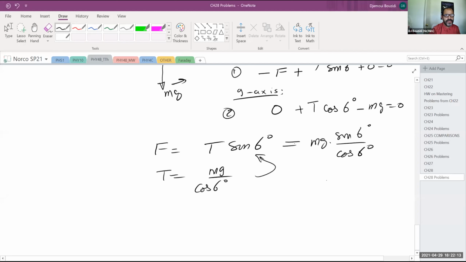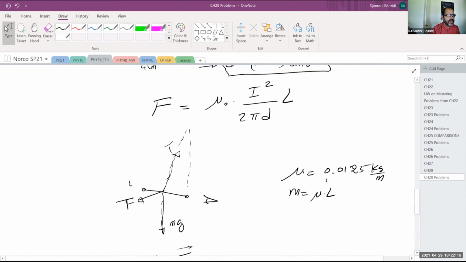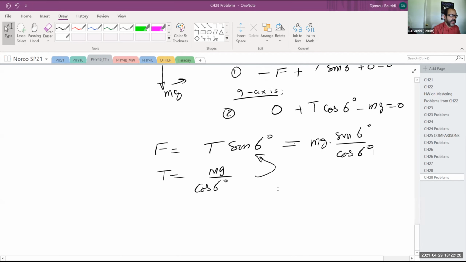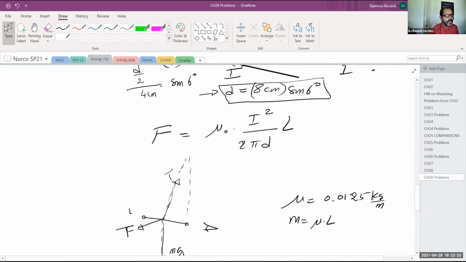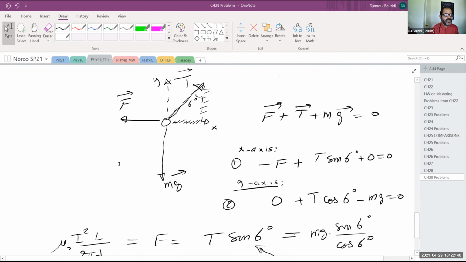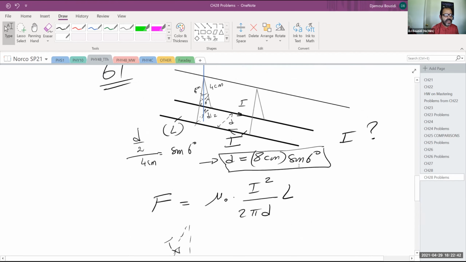So we have F. And we also have F from the expression that we just saw, which is mu naught times I squared times L divided by 2 pi d. If you're worried about d, we already found what d is from the geometry of the problem. It's 8 centimeters times sine of 6 degrees.